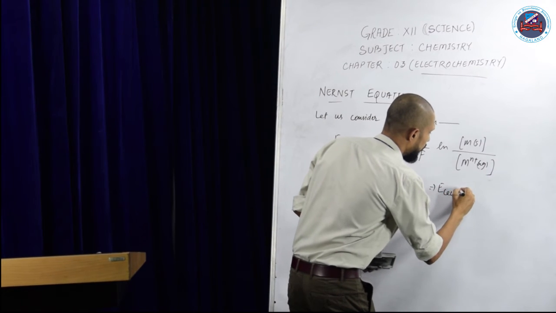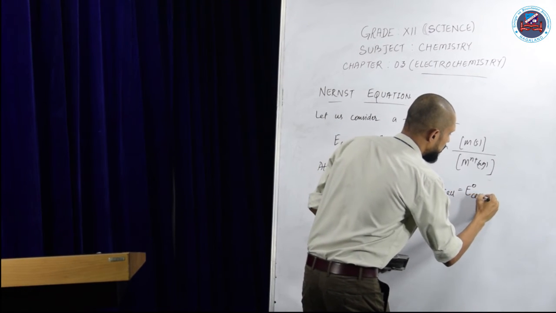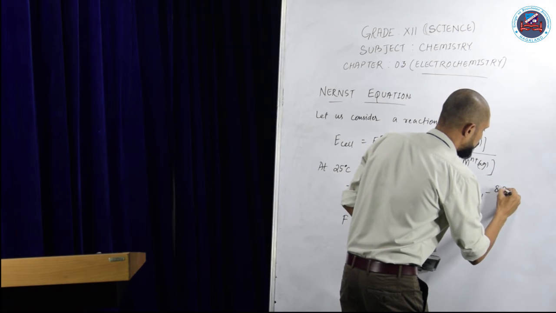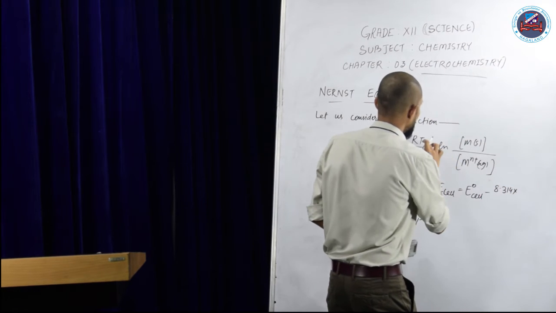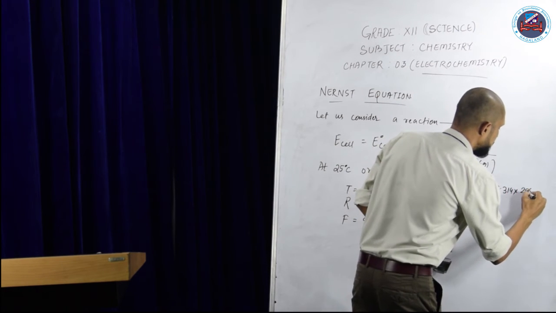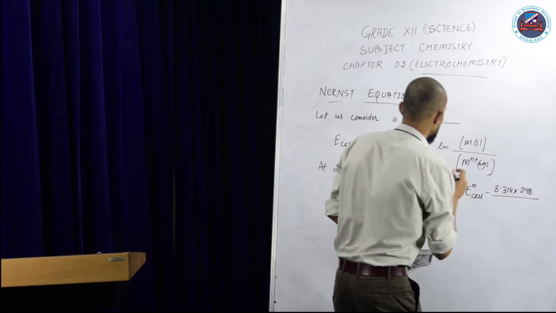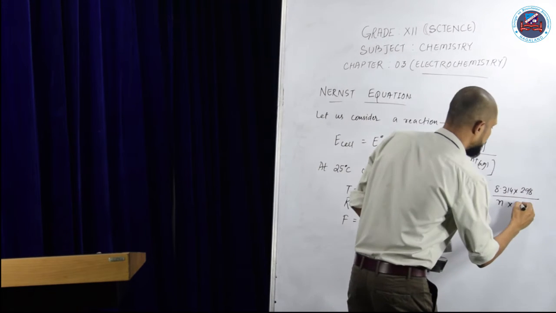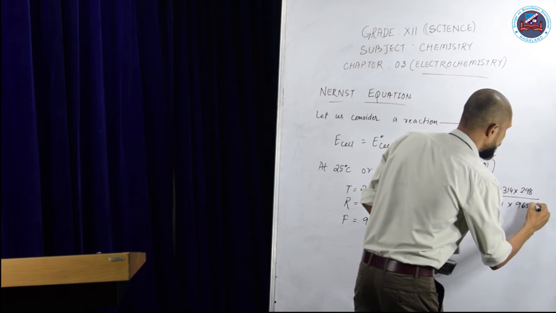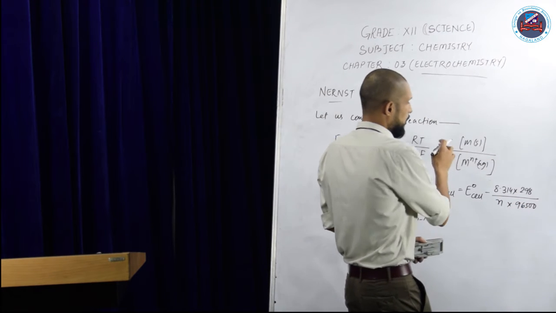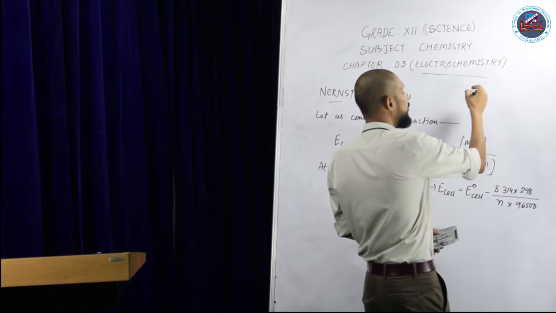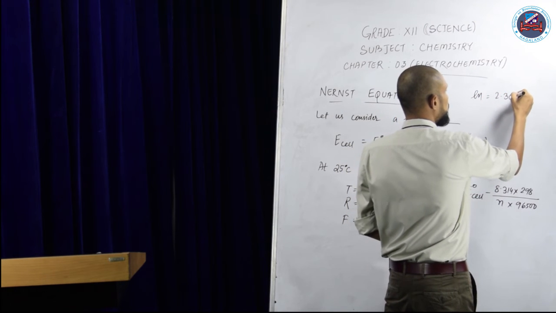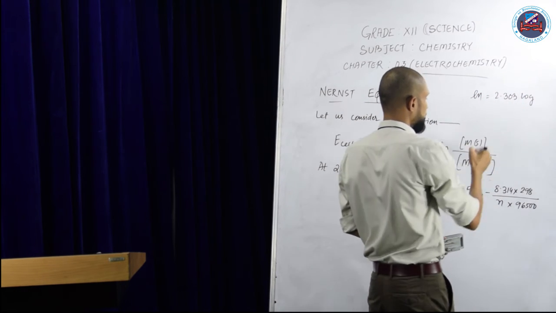E cell equal to E naught cell minus, R value is 8.314, T is 298 Kelvin, N is number of electrons, F is Faraday's constant, it is 96500. And we know the relation between ln and log is ln equal to 2.303 log.